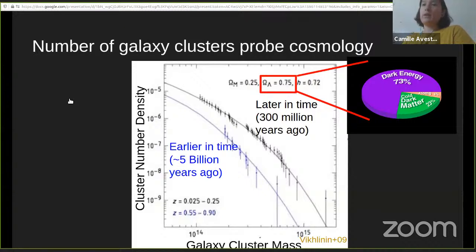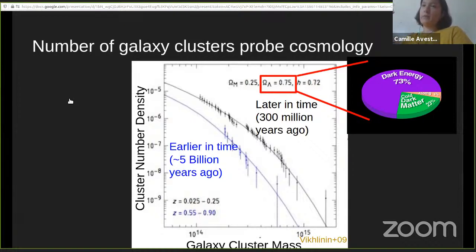we can compare what we observe to what models predict as a function of cosmology, interpolated over different cosmologies. This is an example of doing that exercise from over a decade ago with some X-ray clusters. In black is a lower redshift mass function, and in blue, higher redshift.